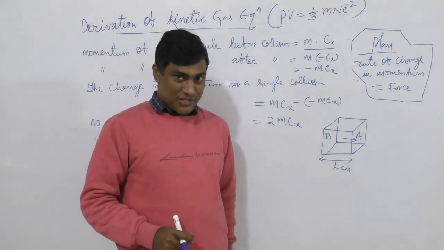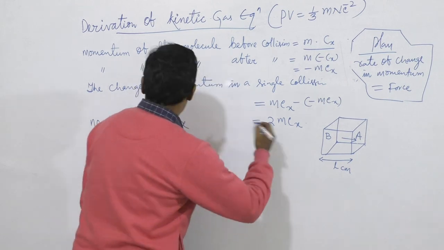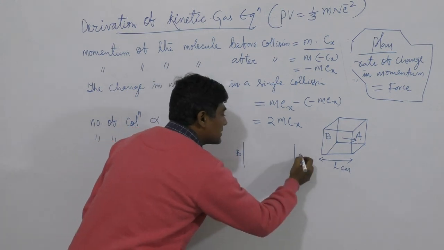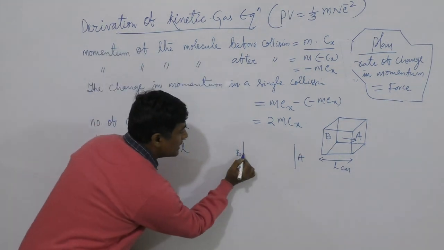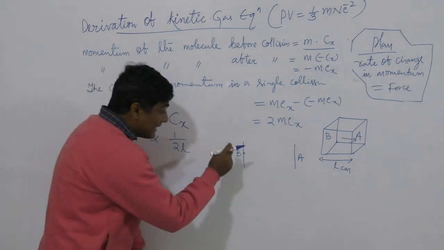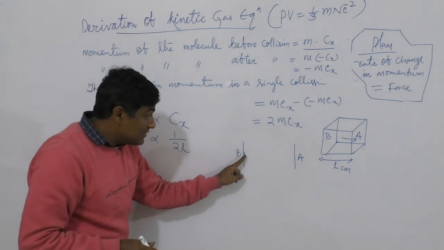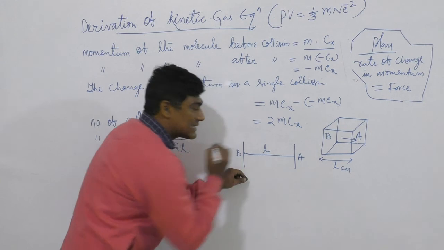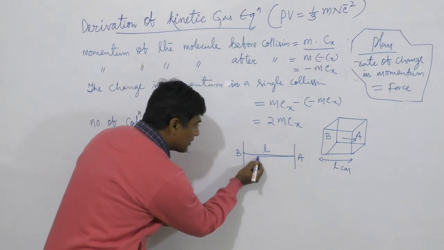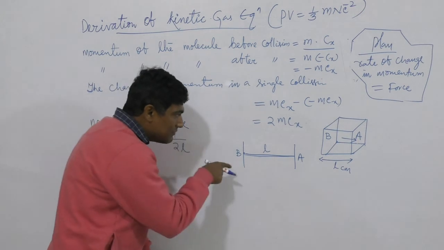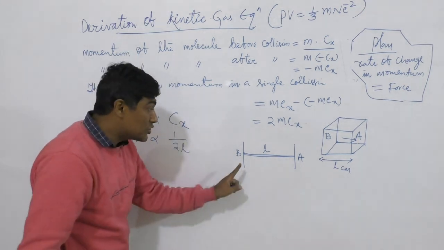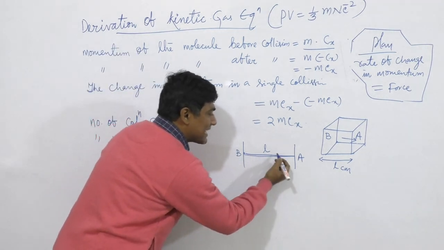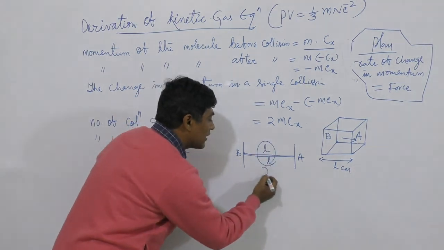Between two successive collisions, say this is face B and this is face A. When the molecule is here, now it is not a collision. Now it will move here, a distance L, and then it will come back here. So if you want one collision, it is a single collision, the molecule moves a distance L and again L, that is 2L.